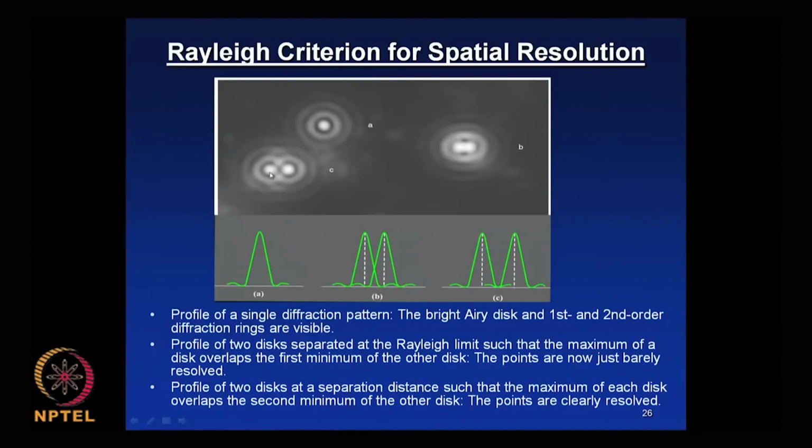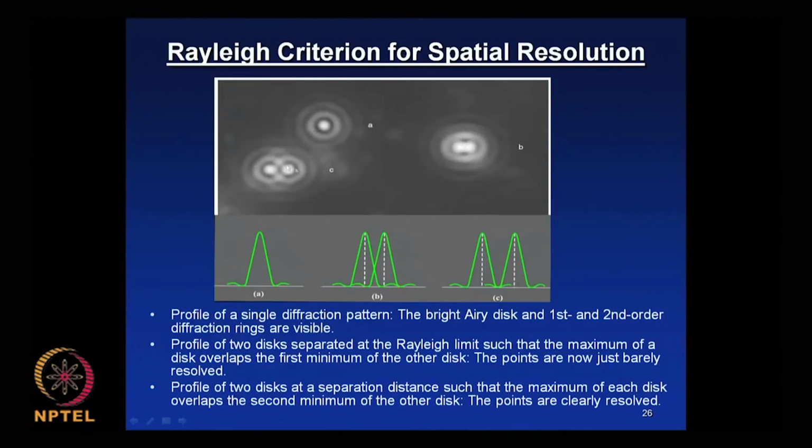So, you see that this is the 0 order, first order, second order, third order and so on. So, this is A, and the profile of the two disks separated at the Rayleigh limit, such that the maximum of one disk overlaps with the first minimum of the other. So, like here, the points are now just barely resolved, that is B. You can see that the points are barely resolved.